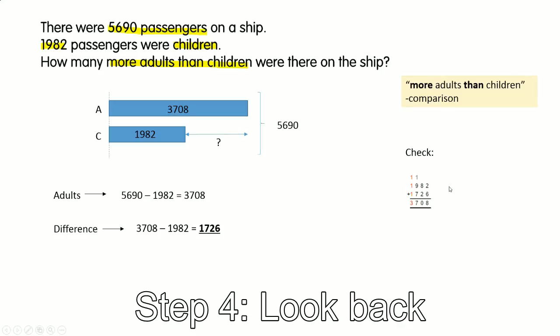Check. Right? Let's go on and check if the number of adults and children summed up will give us the total 5,690. So we take 3,708 plus 1,982. This will also give us 5,690. Hence, we can confirm that our answer, the difference 1,726, is correct.